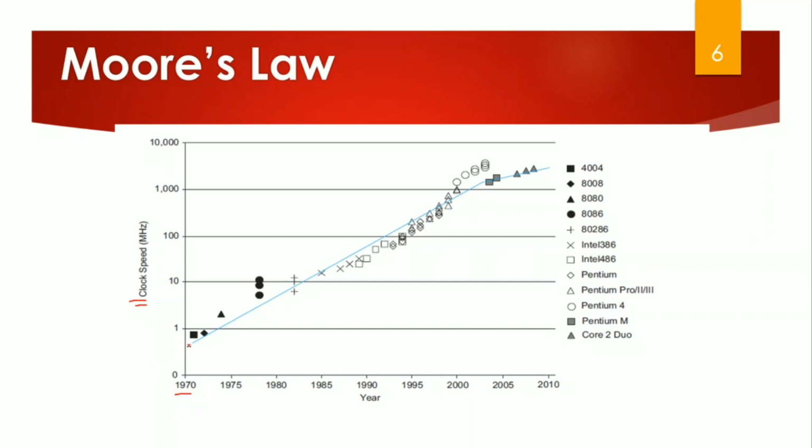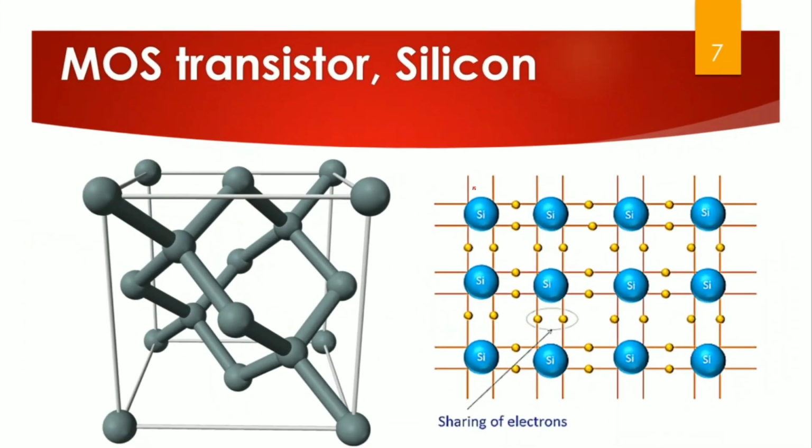Initially, in 1970, it was even less than 1 megahertz, but in this graph, which ends at 2010 although we are at 2020 now, the speed was more than 1000 megahertz. Look at the drastic change here: in a span of about 40 years we have crossed 1000 times. Like this, there are many factors to specify. So this is about Moore's law.